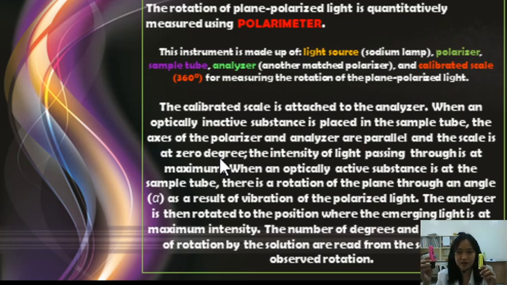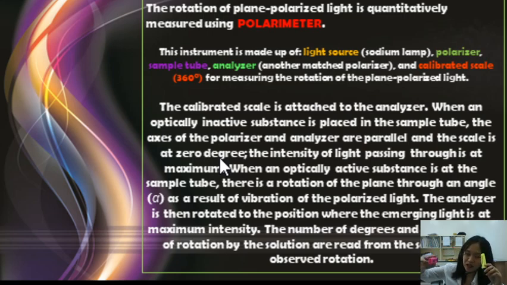Okay, kapag optically active ang nilagay mong substance, magkakaroon ng rotation ng plane polarized light. So, ang nangyari, since ang analyzer ay connected sa calibrated scale, kapag nag-rotate ang light dahan-dahan, ganun din yung rotation ng calibrated scale.